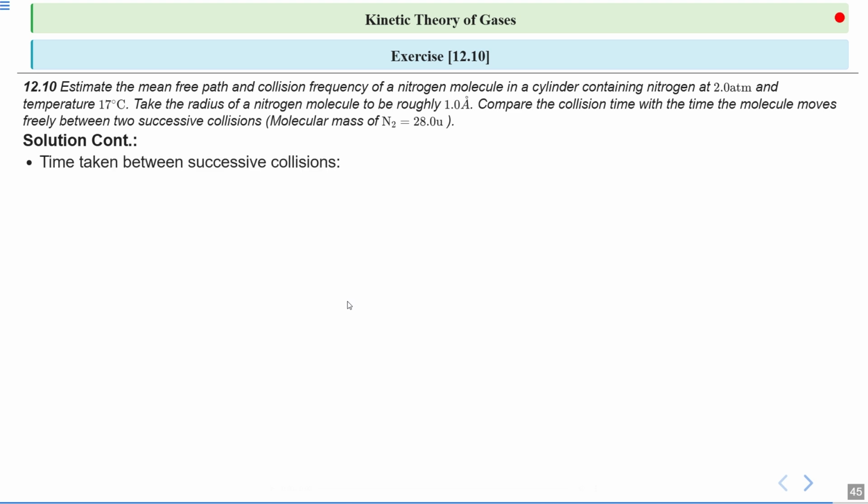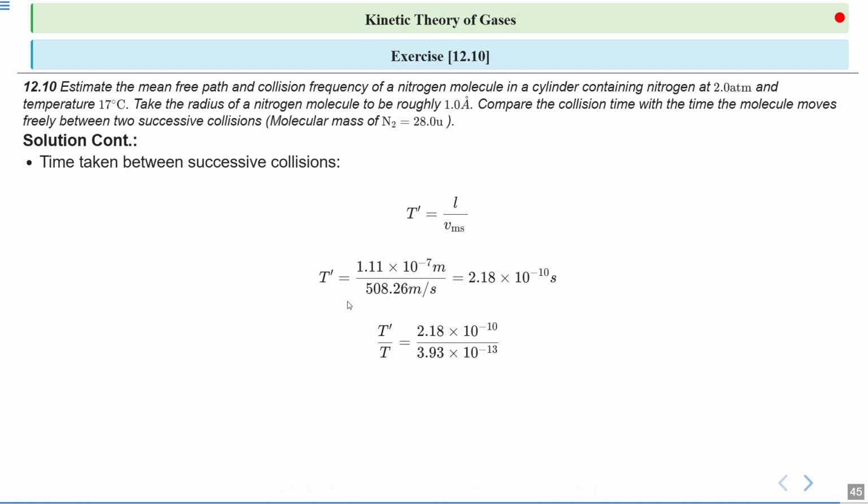So, time taken between successive collisions. This is an important concept because it tells us how long a molecule moves freely before hitting another molecule. So T prime is equal to L by V_rms. Just put the values and you will get T prime equal to 2.18 into 10 raised to the power minus 10 second. And so take the ratio: 2.18 into 10 raised to the power minus 10 divided by 3.93 into 10 raised to the power minus 13.